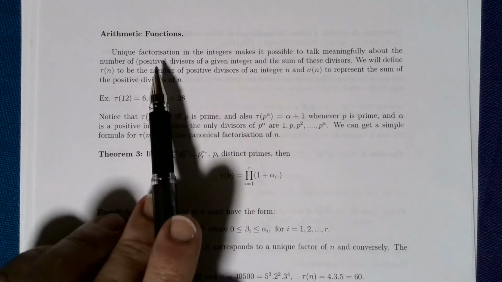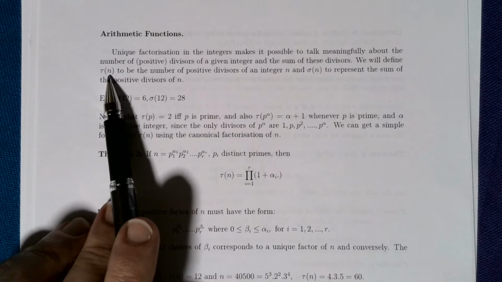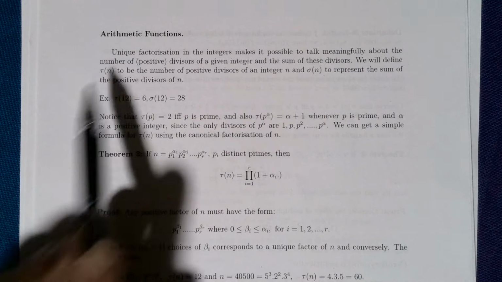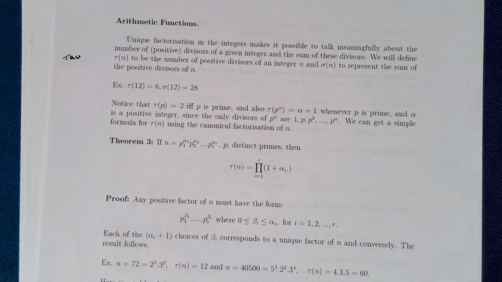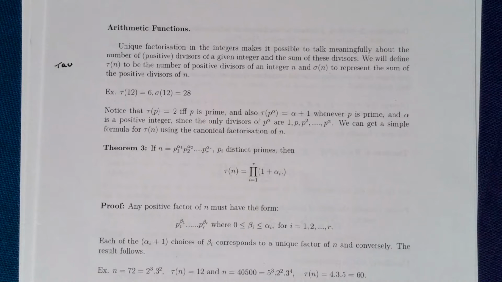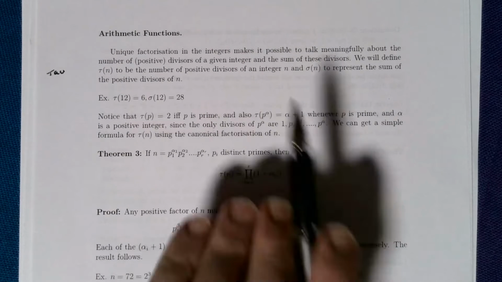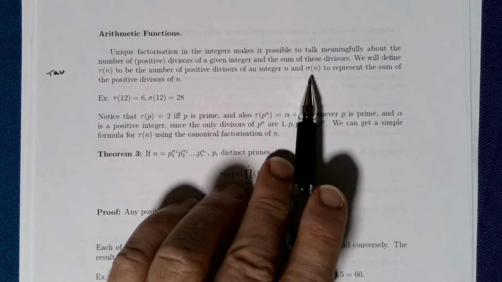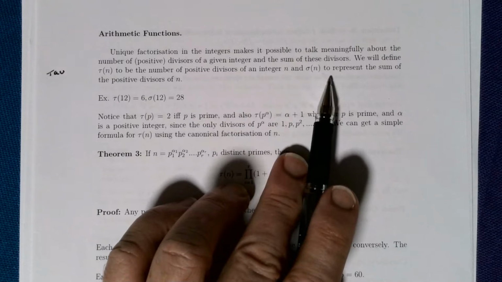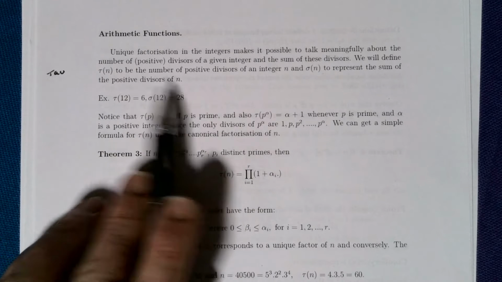So I'm going to define tau of n. This is a Greek tau, one of the letters of the Greek alphabet. Tau of n is the number of positive divisors of an integer n, and sigma of n, this is a little Greek sigma, represents the sum of the positive divisors of n.